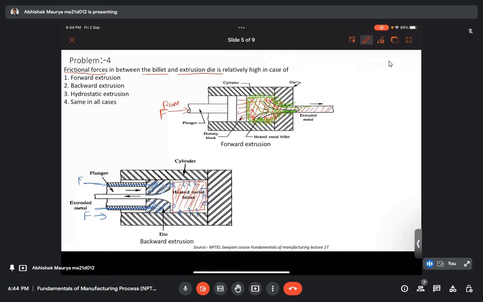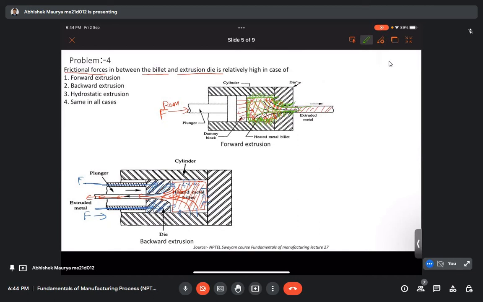So here material from all sides starts moving towards the die opening and finally comes out of the die, taking the shape of the cross section of the die. Now let's look at what are the contact surfaces where relative motion between the billet and the die part is taking place.